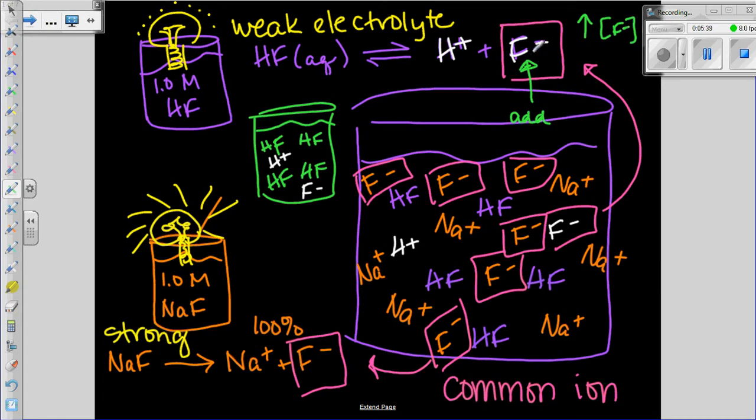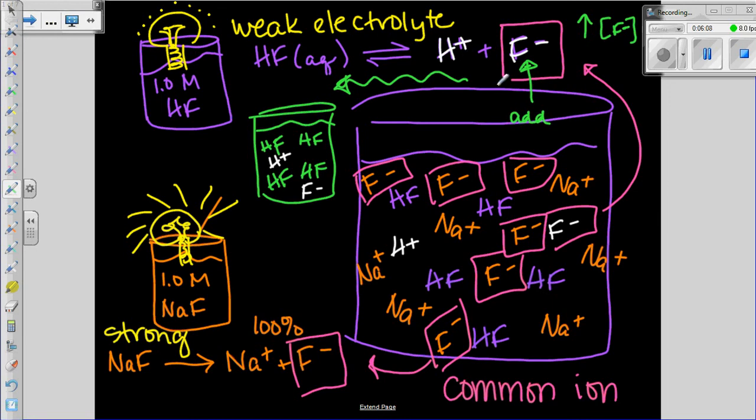If we increase the concentration of our common ion, the equilibrium is going to shift toward reactants to reduce the stress. What that means is our equilibrium constant would get smaller. There would be fewer H+ ions present.